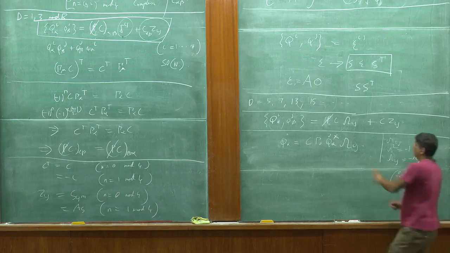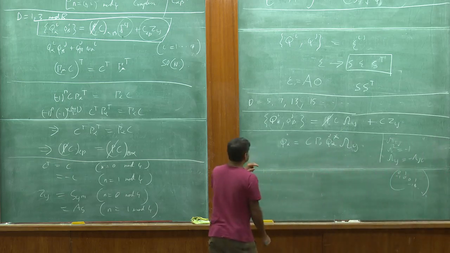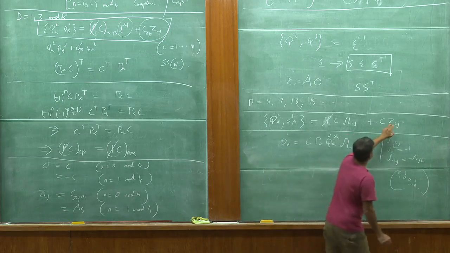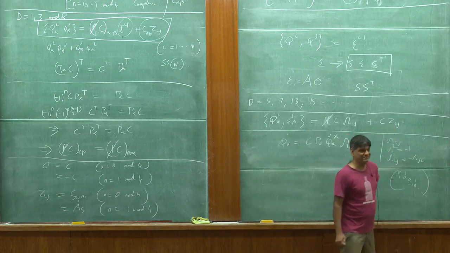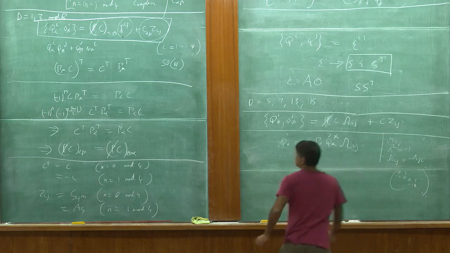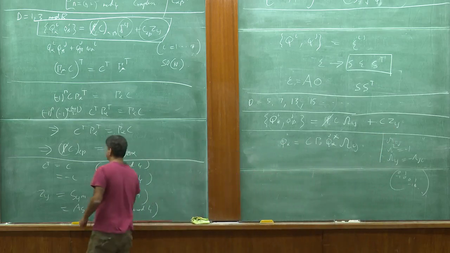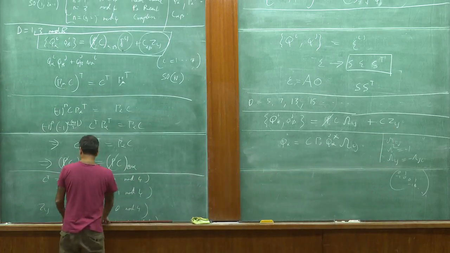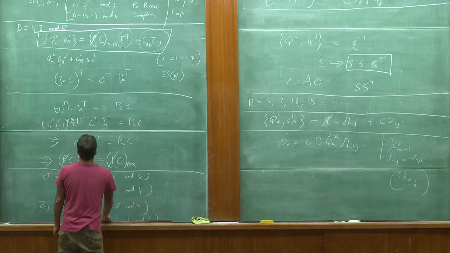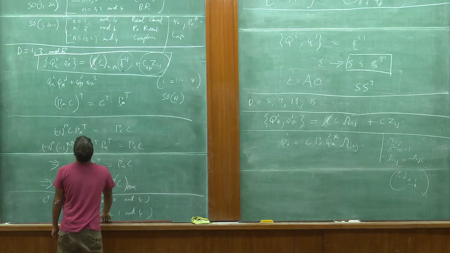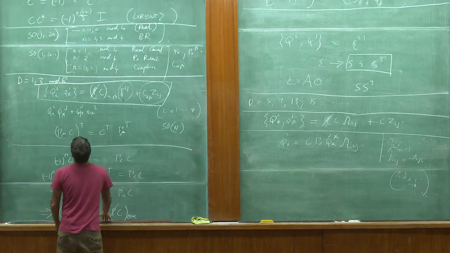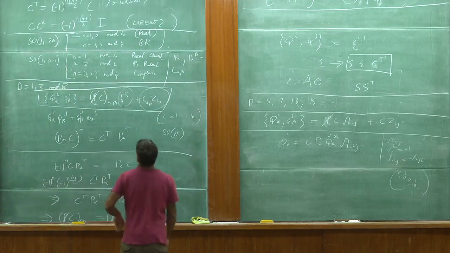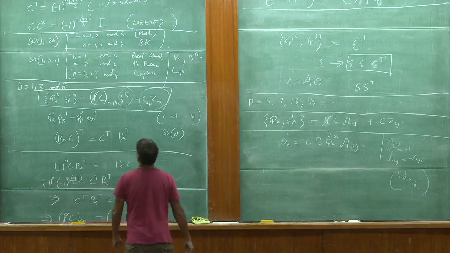So, last question is, what about the symmetry or antisymmetry of these Z's? For that we just needed to know how C transformed under transposition. Can somebody find the C transposition rule? C transpose was n into n plus 1 by 2, right?